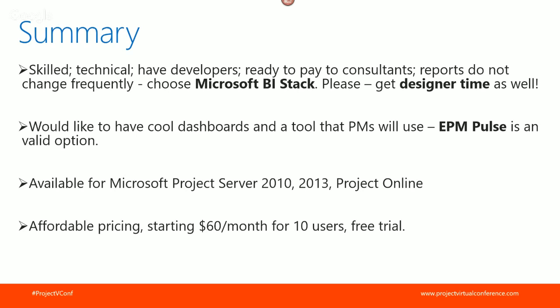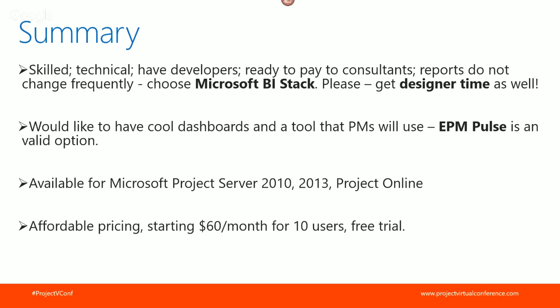If you need agility, and you need the ability to create dashboards quickly and adjust them, and you don't have huge budgets and technical skills, EPM Pulse is a very valid option. As I mentioned, we have over 300 customers on Project Online that use the software. Some customers are quite big, and they have the unlimited license with an unlimited number of users.